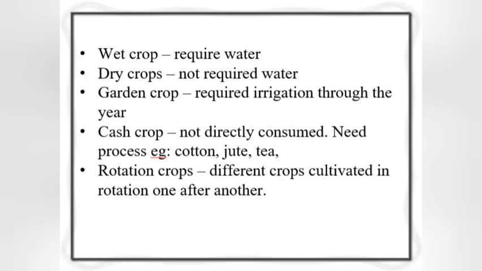Tea we can't take directly; we need to do some processing and then we can have it. Be it tea, sugar cane, or other things, all these need some processing. Tea, we need to make into tea dust. Coffee beans we need to make into coffee powder.